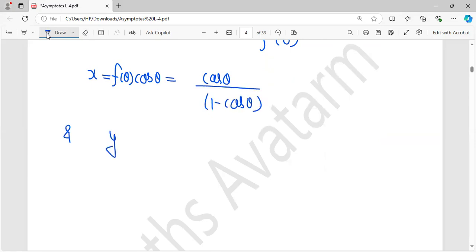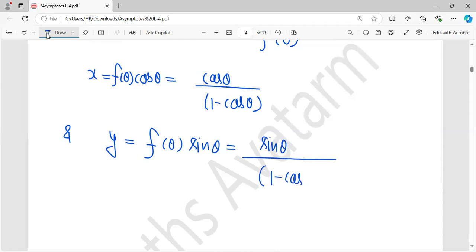And y is equal to f theta sin theta. What is this? Sin theta upon 1 minus cos theta. Where is the problem? In the denominator it is the problem.